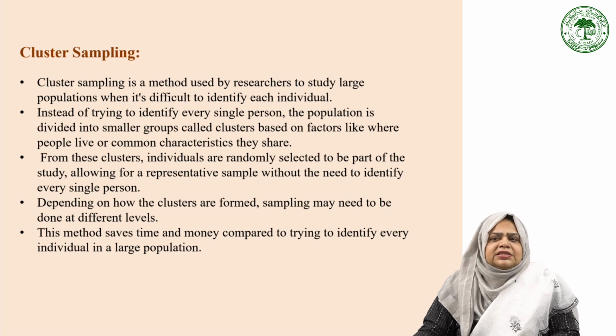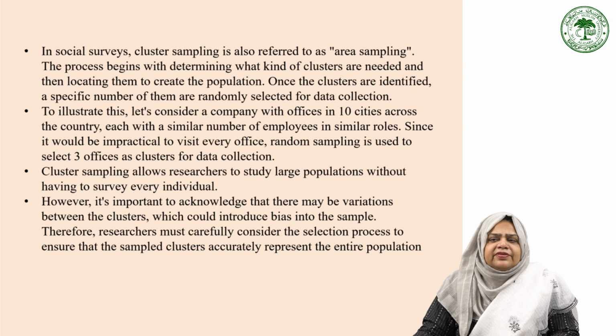Cluster sampling is particularly useful when the population is geographically dispersed or when it is not feasible to reach every individual. It also helps to reduce cost and time required for data collection. In social surveys, cluster sampling, also known as area sampling, is used to study large populations without having to contact every individual of the population.